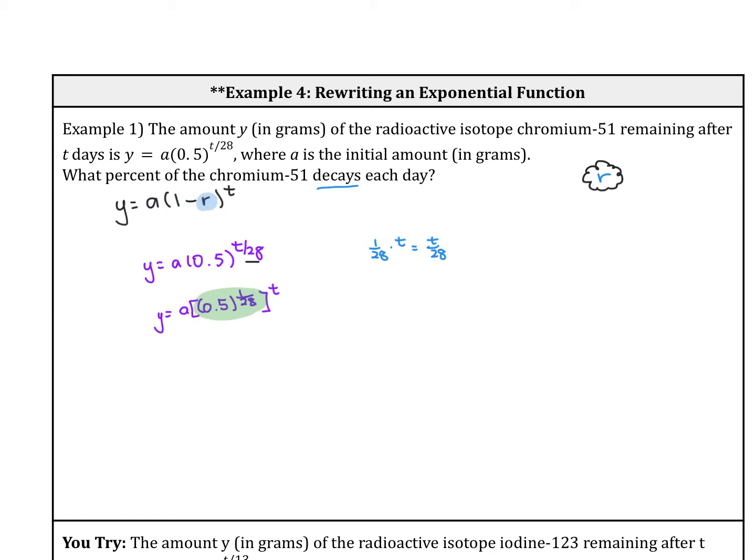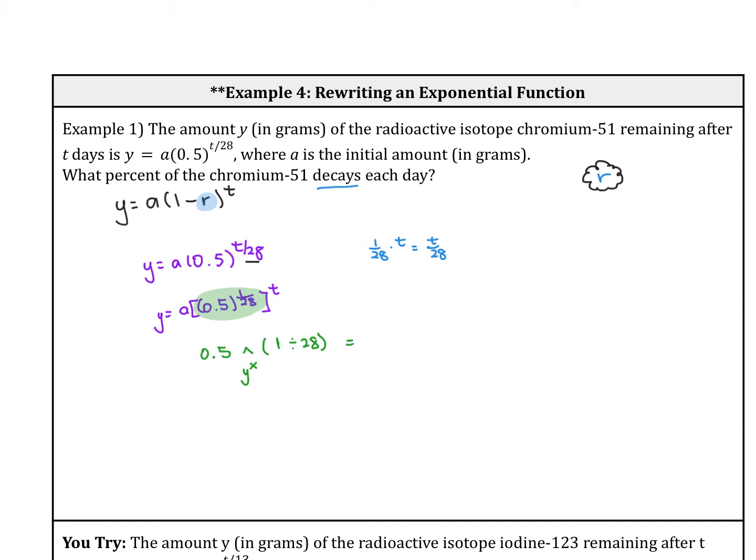Now we can figure out what the inside is here. That's basically our b, right? So we're going to plug it in the calculator. Type 0.5 and then the caret or the y to the x button, whatever gets you to the exponent. Then parentheses, 1 divided by 28, close parentheses, and then an equal sign.